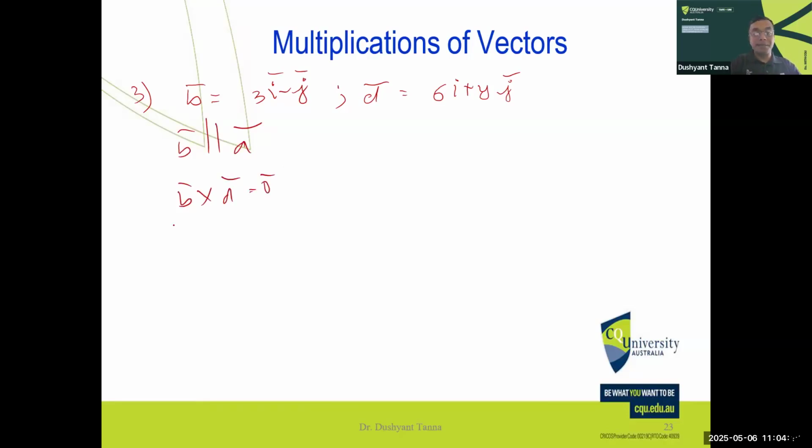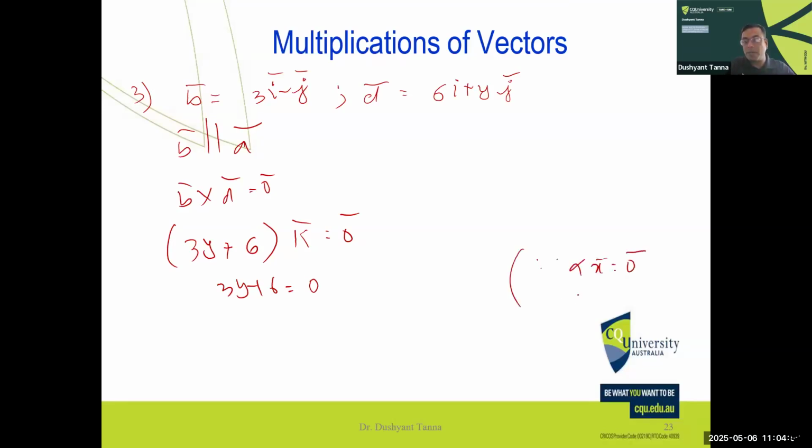Remember, first with the last, right? 3y minus last with the first. It's already a minus, so the minus will be plus. Plus 6. Vector k. The result is a 0 vector, right? This is to compare. So what I can say is that 3y plus 6, k is not a 0 vector. So 0 would have happened because of the multiple. So the front part is 0. Don't write 0 vector here because that's a scalar. Alpha x bar, right? If alpha x bar is 0, either alpha is 0 or x bar is the 0 vector.